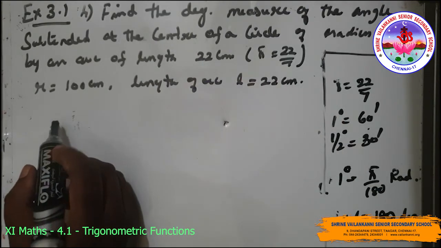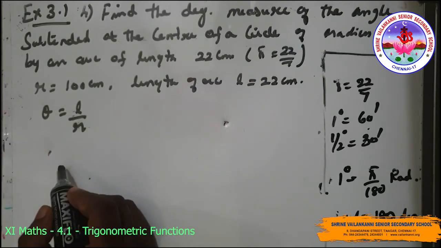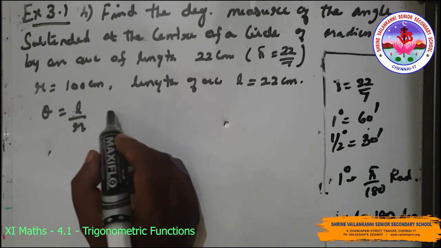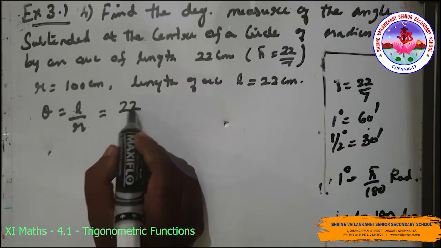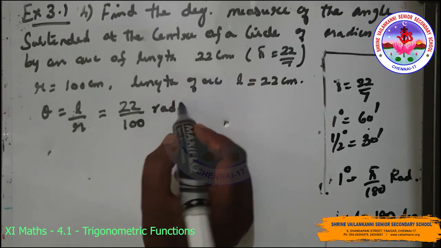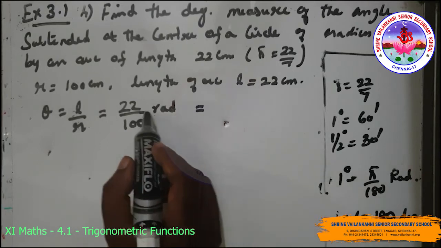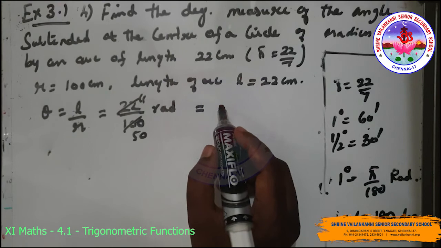Here we have to use the relation theta equal to l by r to find the angle. So theta equal to l is 22 and r is 100. So 22 by 100 radians. So which is equal to, cancelling this we get 11 by 50.